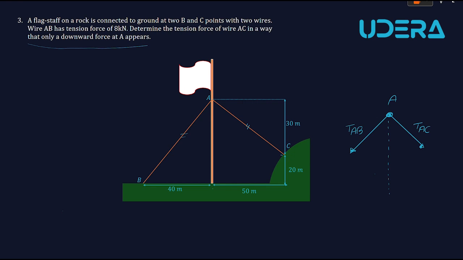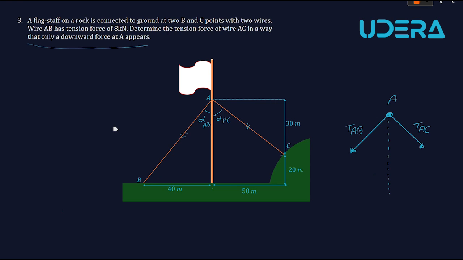But first of all, I have to find those horizontal and vertical components. On the figure, I have some dimensions, but the most important part is to find these angles. I name them alpha AB for the wire AB with respect to the vertical direction, and alpha AC for wire AC with respect to the vertical direction.